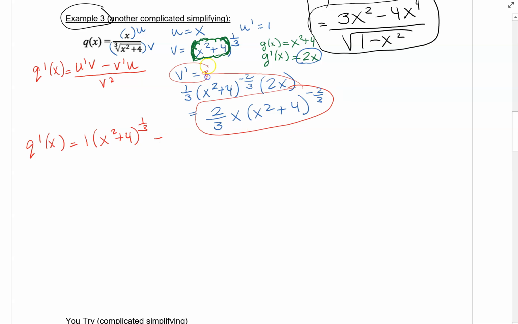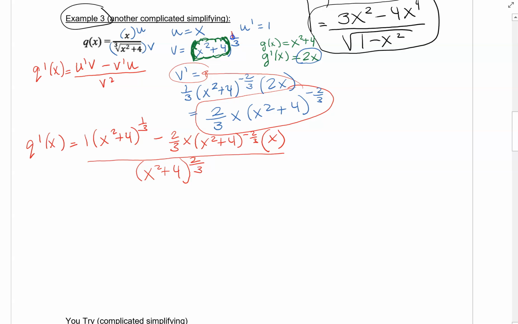That whole thing is my v prime. So minus 2/3 x times x squared plus 4 to the negative 2/3, times u, which was x. That's my v prime u. All over v squared. So that would be x squared plus 4 to the power of 2/3.